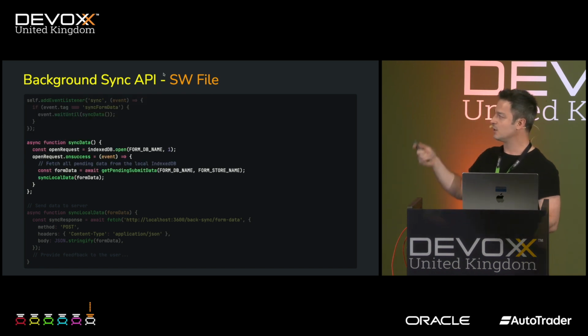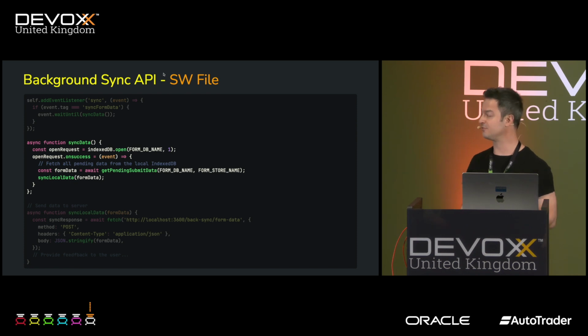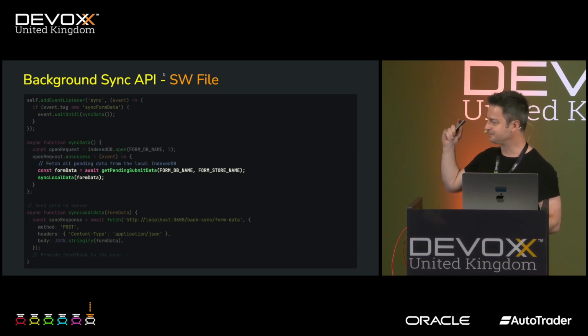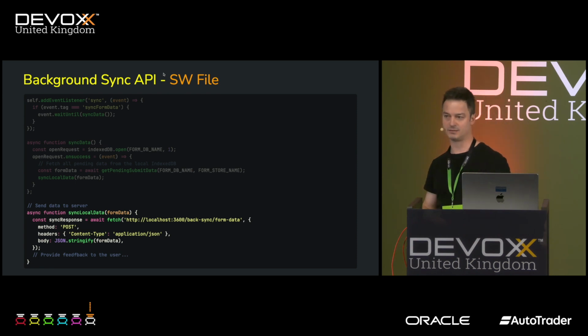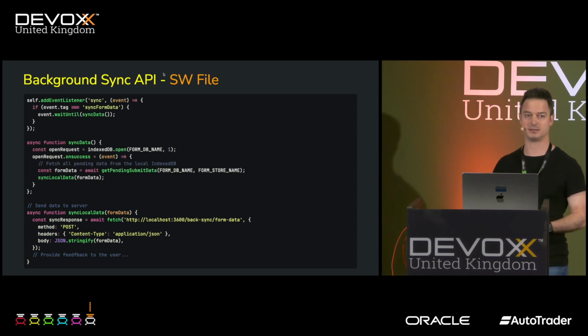In this case, what we want to do is go over the local IndexedDB, take out all the payload that we saved before, so all the form fields, and then we do a POST, because now we are online after the sync event has been triggered.